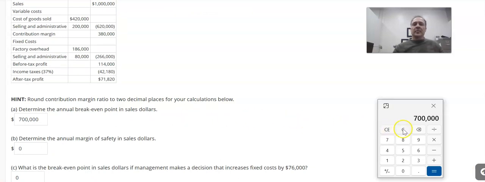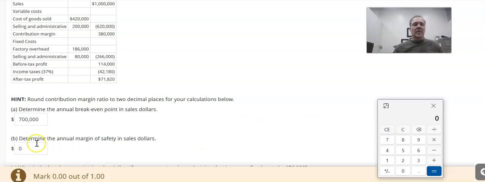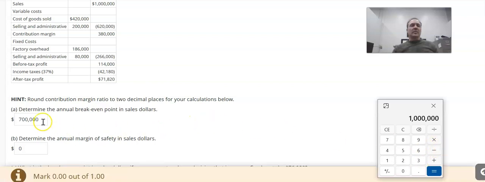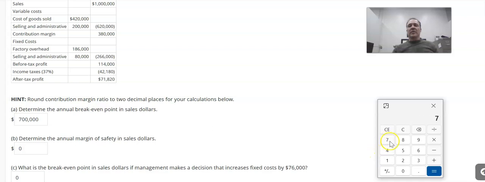All right, get rid of that because I want us to do something else. Determine the annual margin of safety in dollars. So if we have a situation where we're provided with sales dollars, all we have to do to get that is take that amount, that $1 million, and subtract from it our answer that we calculated right here of 700,000.